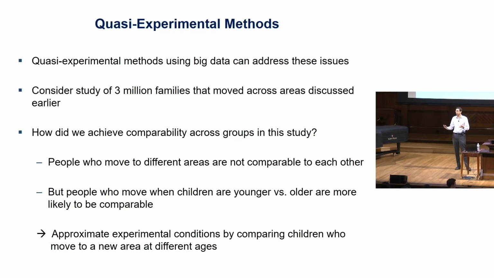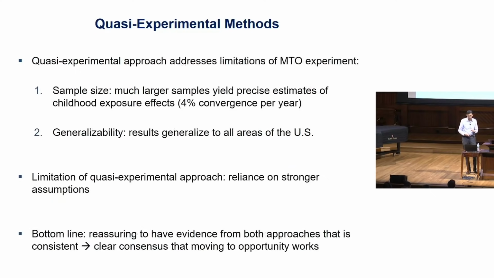Maybe those two groups are comparable, maybe they're not. It could be that there are more freshmen on the left and more sophomores on the right, and people are not comparable to each other. So it depends upon the type of assumption that you're making. And if you make an assumption like we did there, about the age of the move being unrelated to kids' potential outcomes, it's possible that you'll be able to get traction with the quasi-experimental approach.